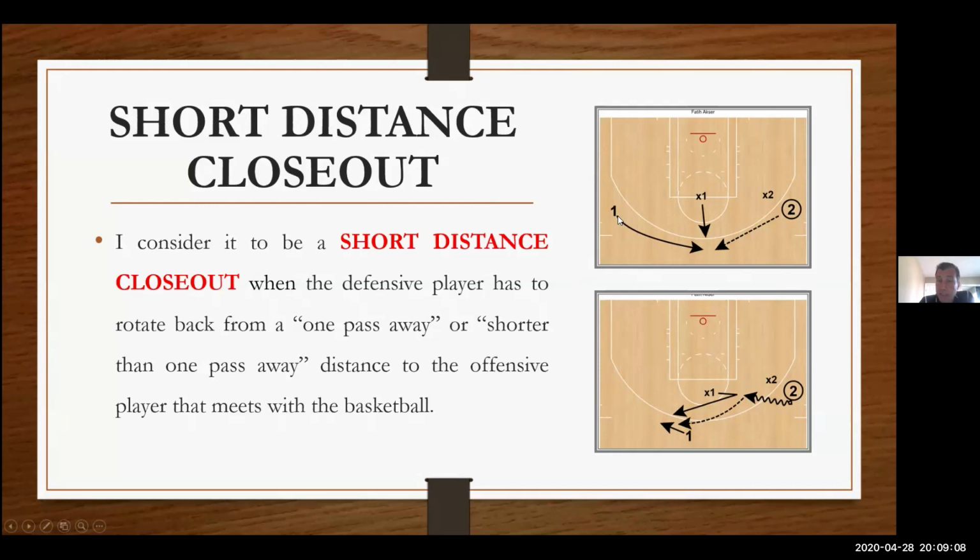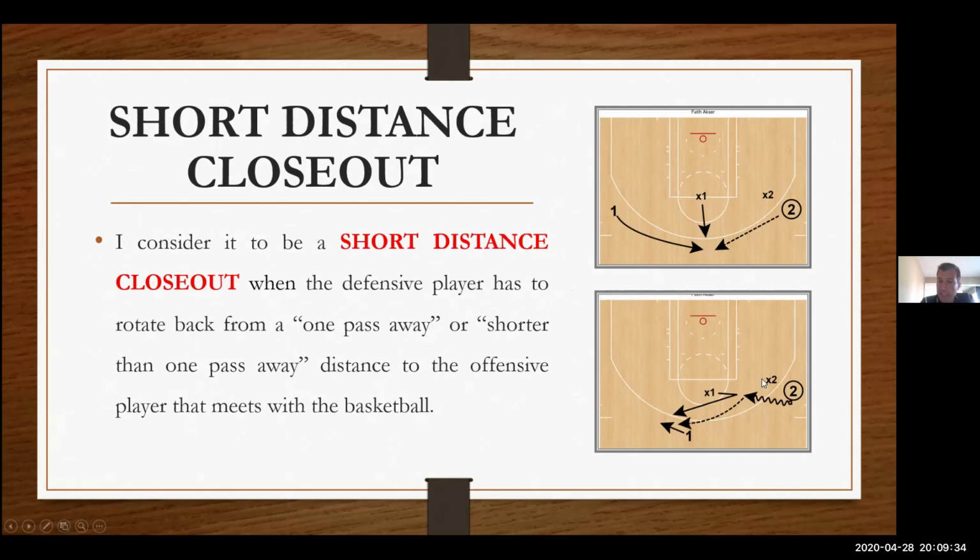In the first diagram, the offensive player meets with the ball. One of those basic actions is usually some kind of a cut towards the basketball. Defense is, let's say, playing help side defense, and offensive player number one makes a cut to the top of the key, and the defensive player closes out in a short distance, one pass away kind of a distance.